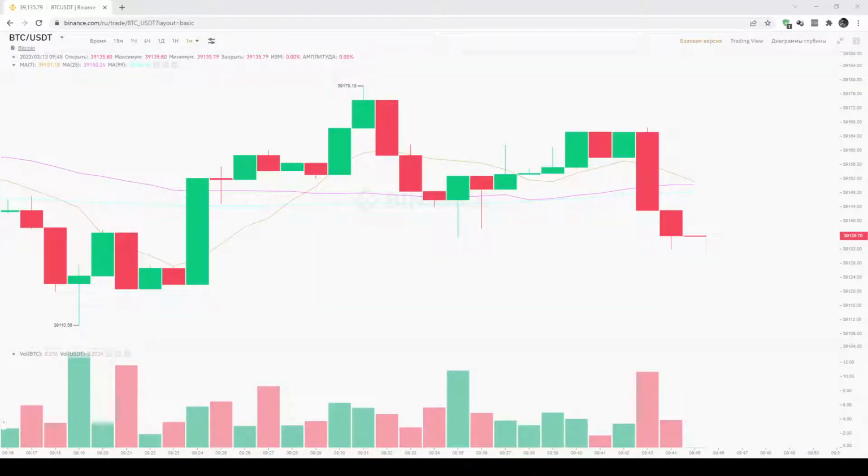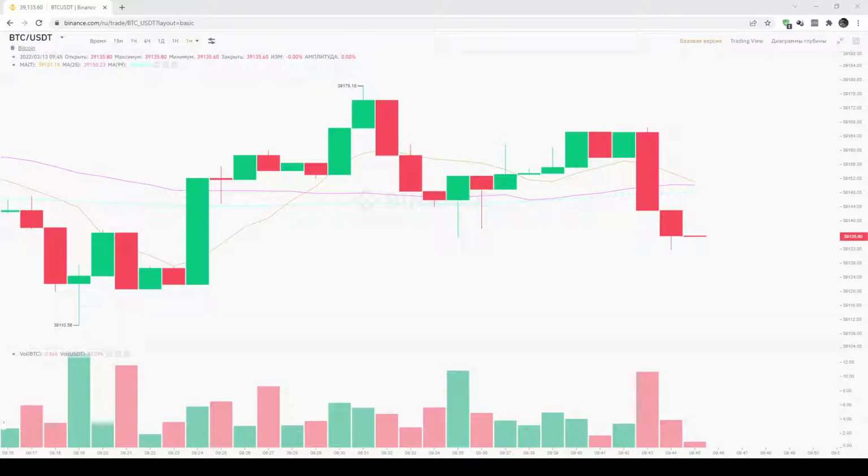The third method is to look for areas of consolidation, ranges or small corrections during a strong downtrend for a supply zone, or ranges or small corrections during a strong uptrend for a demand zone.